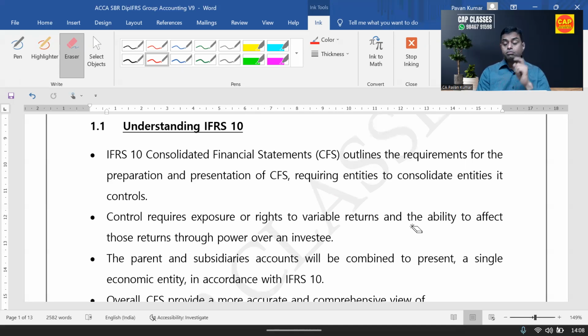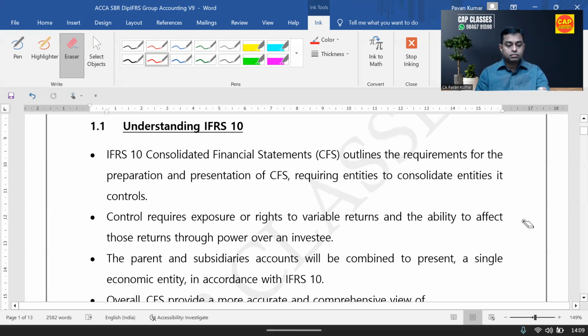Dear entity, if you are controlling another entity, it is your responsibility to prepare CFS. So what are the requirements? How do I do that? Now, if someone asks, I understand I need to prepare consolidated financial statements because I have a subsidiary, but I do not know the process. How is that to be done? Simple. Read IFRS 10. The consolidation process is given in IFRS 10. So this is the first bullet point. Let us continue.